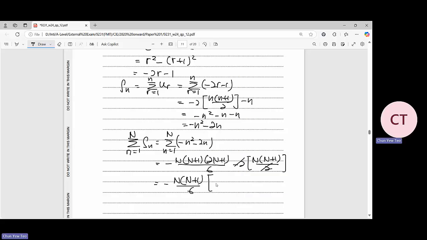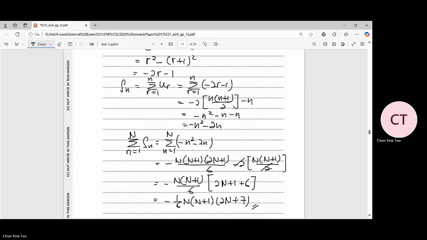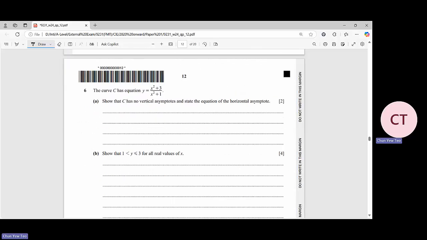Inside here, you will get 2n plus 1 plus 6. Therefore, you get the answer like this, and that will be the answer for question 5C. A bit tricky, so be very careful. Now we move on to question number 6.